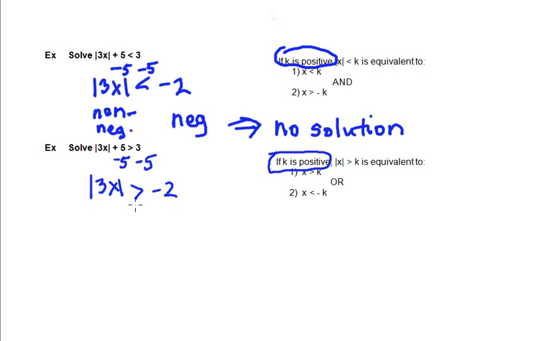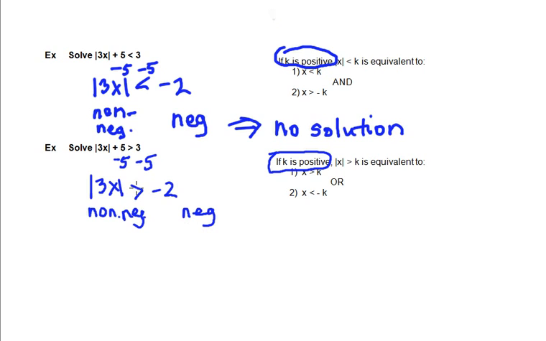about what's happening here. Now what we have on the left, again, is some non-negative, usually positive unless it's equal to 0, so some non-negative expression. But on the right-hand side, again, we have a -2, which is fully negative.